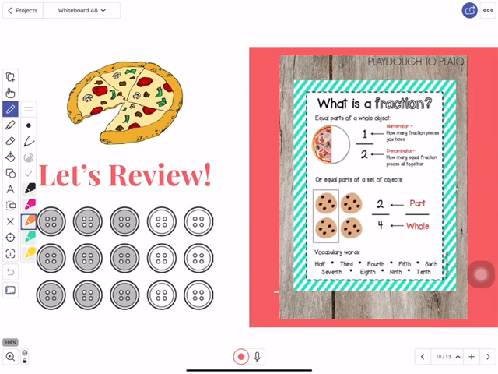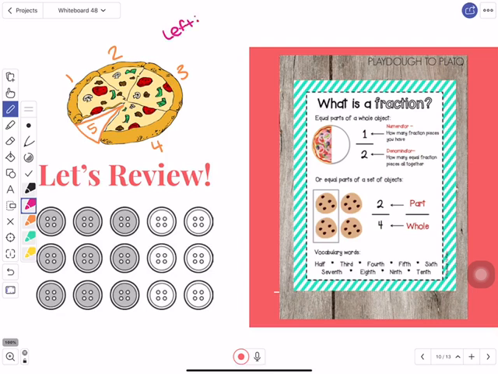Okay, so if we look over here at this pizza, we see 1, 2, 3, 4 pieces that are there and 1 missing piece. So total we have 5 equal pieces. Let's say we're looking at how many pieces are left.